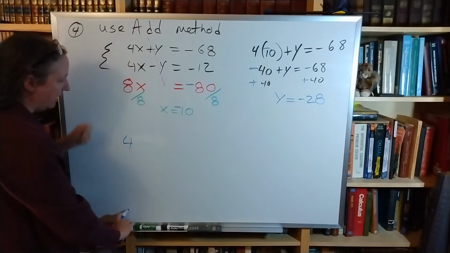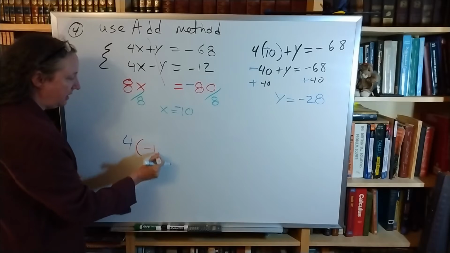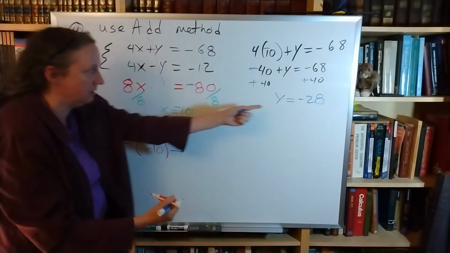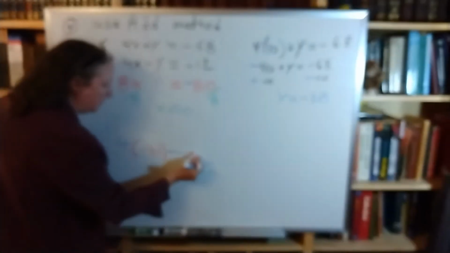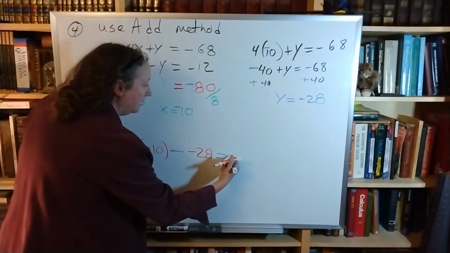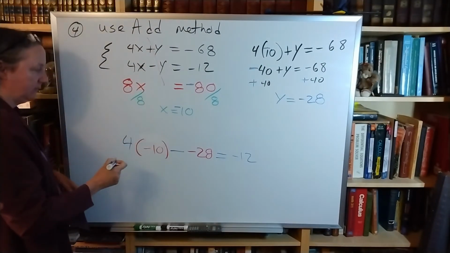So I'm taking it to the other equation. I have 4 times -10 minus y, -28, equals -12. Check to see if this is right.